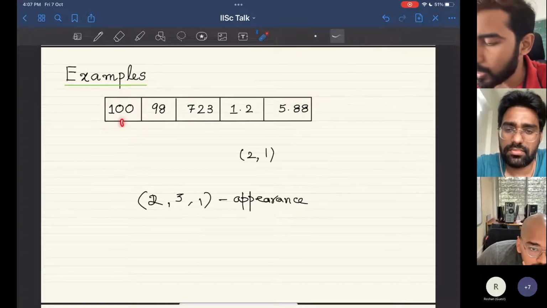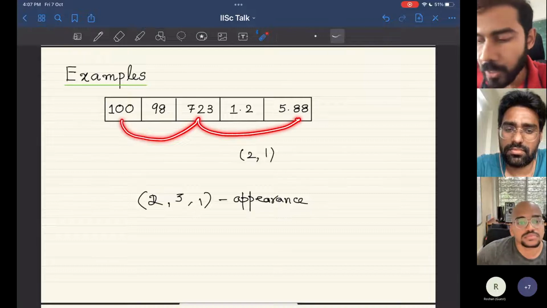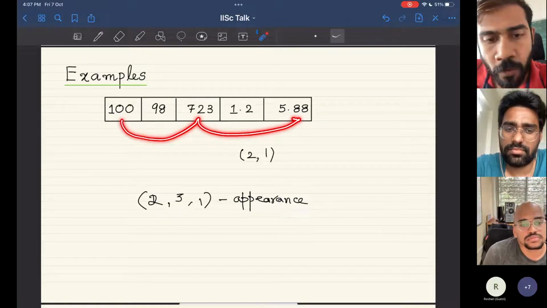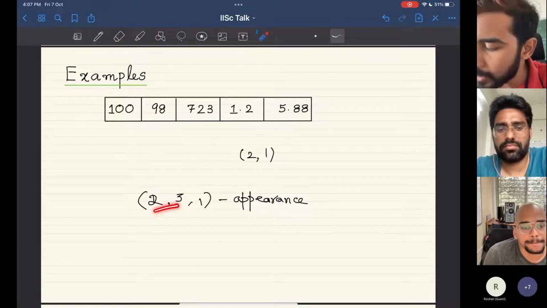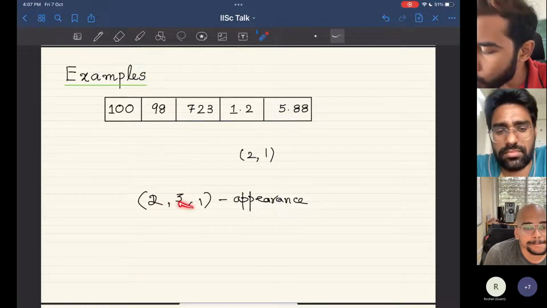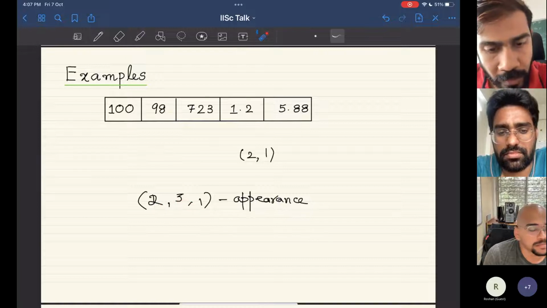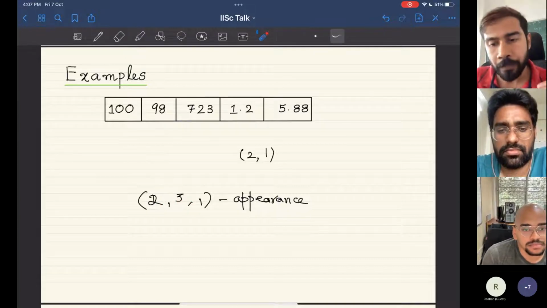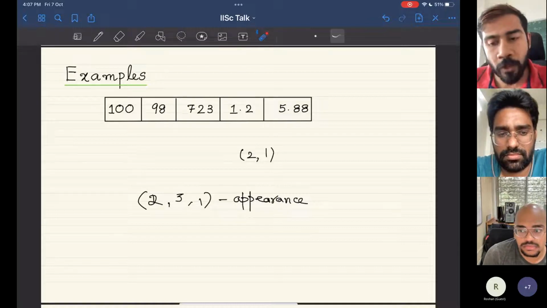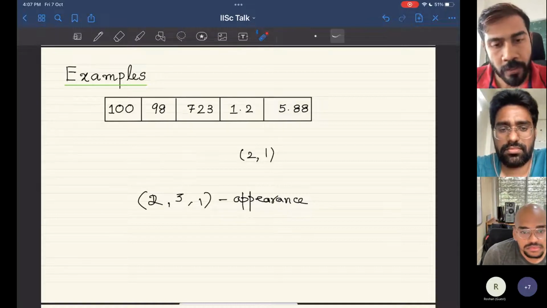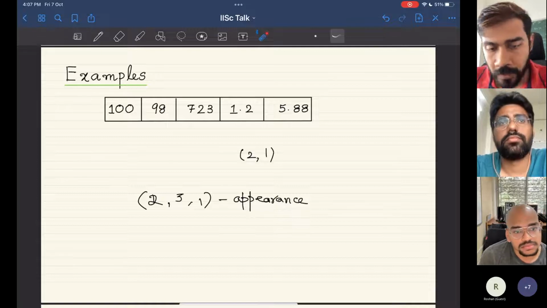These 3 things together form a 2 3 1 appearance because 2 is less than 3 and 3 is greater than both 1 and 2, that way, right? So the relative ordering of these array indices is identical to the relative ordering of that permutation. This is what I mean by having a pi appearance.